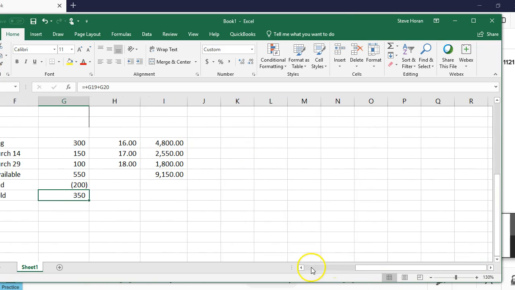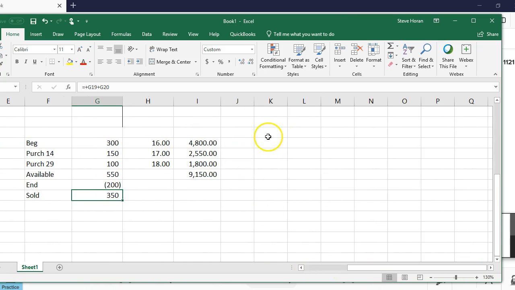Okay, so there's our base information right there. And let's do the FIFO. I've got 200 units left over, right? So I've got 100 and 100. This is in units, and I go to the last batches here. I just kind of go backwards. I know I've got 200 left over because I counted, so that means I have 100 of these and 100 of the 150 of those. And so this is 18, this is 17.